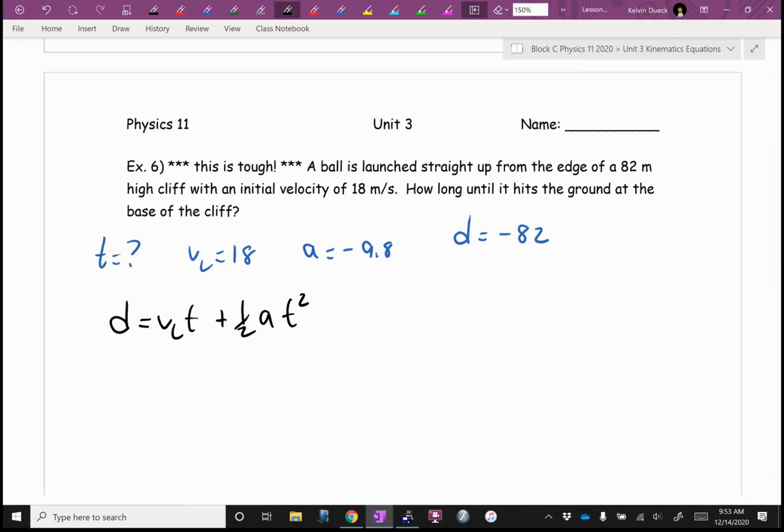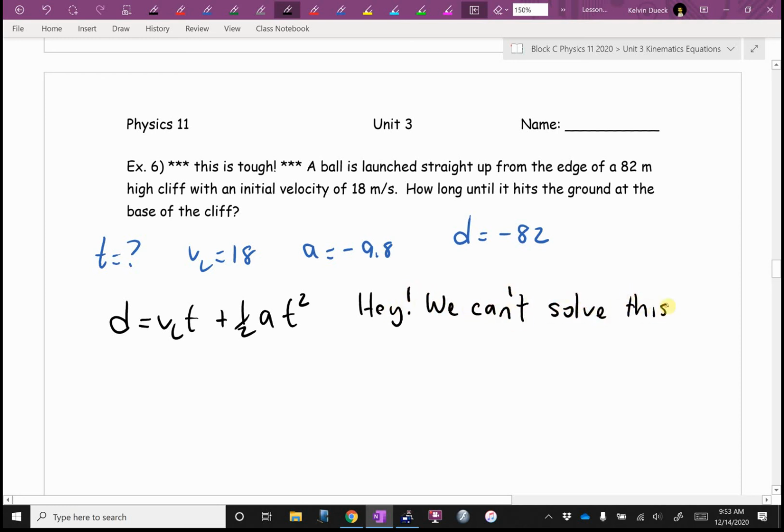So make a little note. In grade 12, you'll all know how to solve that. Or if you listen to me this year, you'll realize that your calculator even has a built-in solver. I'll show you how to use it in grade 12. We can't solve this yet.